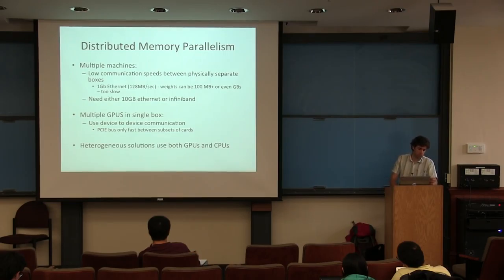On many clusters, we have gigabit Ethernet, and this is about 128 megabytes a second. So if you have weights that are in the order of hundreds of megabytes, or even gigabytes if you have a large set of word vectors that you need to exchange every single time, for example, like data parallelism, this can make an iteration where the cost to do the computation takes a fraction of a second, take multiple seconds just to do the data exchange.